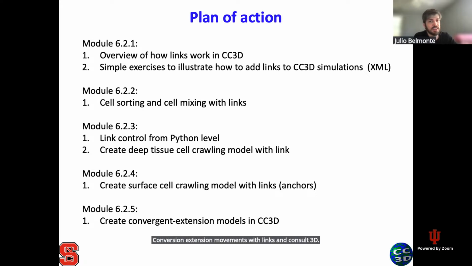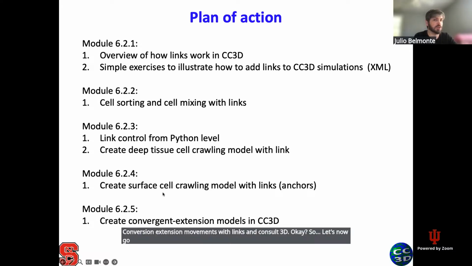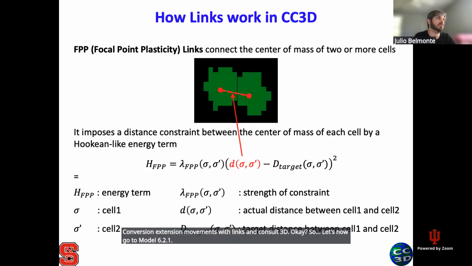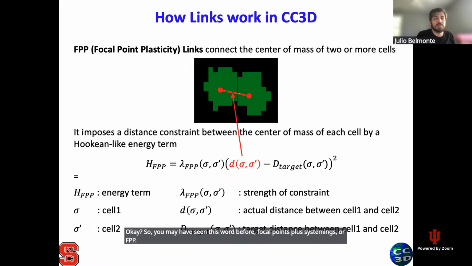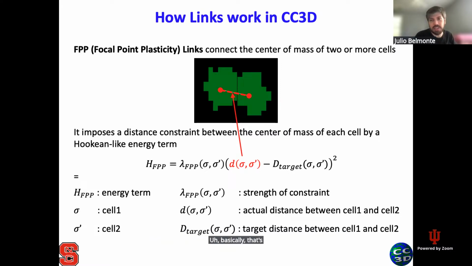Okay, so let's now go to model 6.2.1 and first do an overview of how links work in CompuCell3D. You may have seen this word before, focal point plasticity links or FPP. Basically, that's the name of the plugin that we use to model those links, okay?